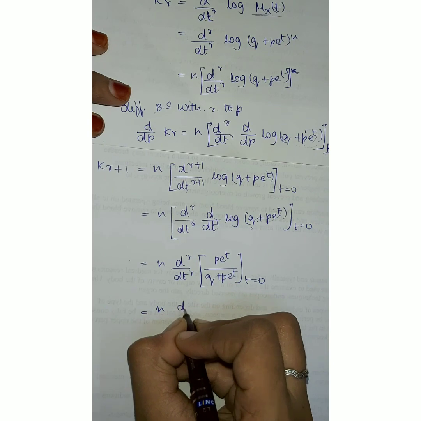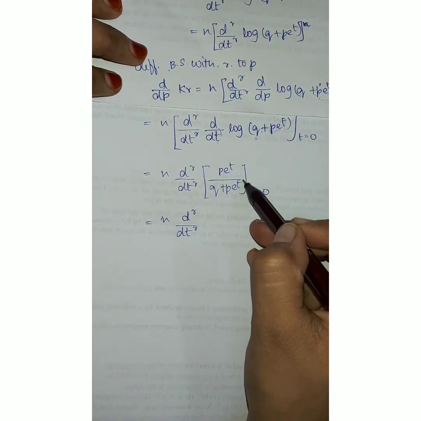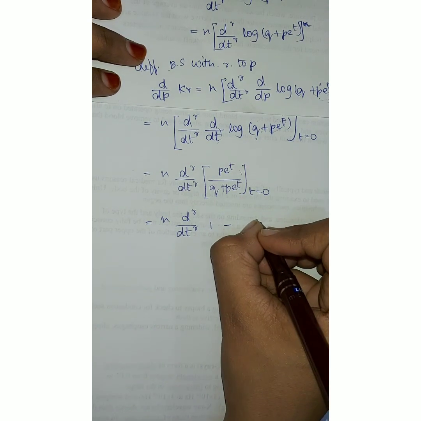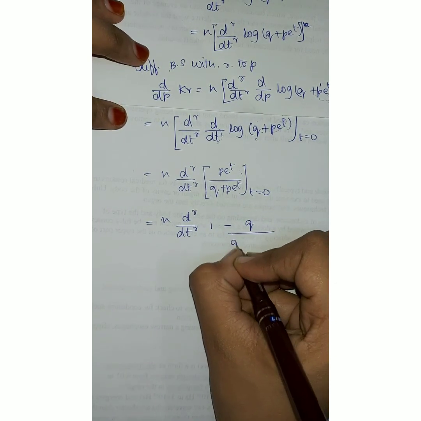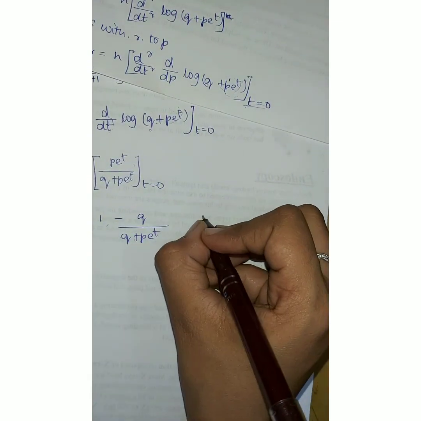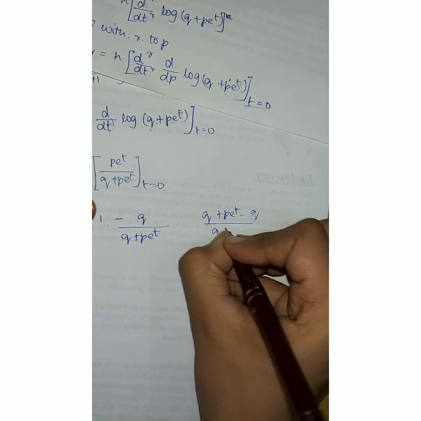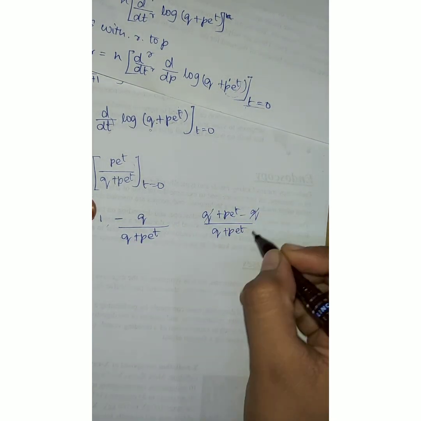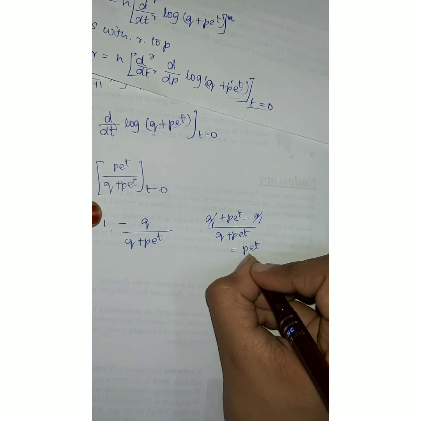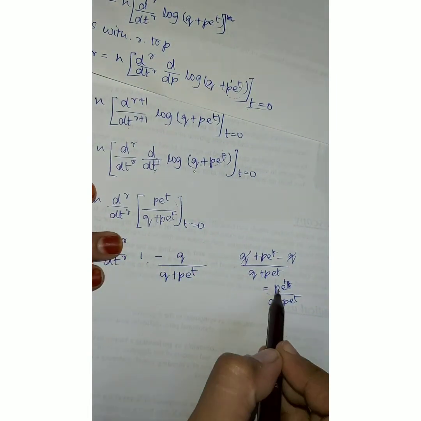Then this term can be written as 1 minus q by q plus p e power t. And simplifying this gives back the same term. After cross multiplying, q plus p e power t minus q by q plus p e power t. After cancelling q and minus q, we get back the same term.